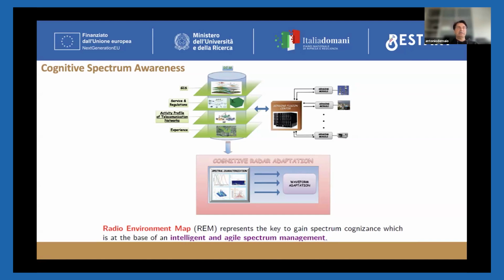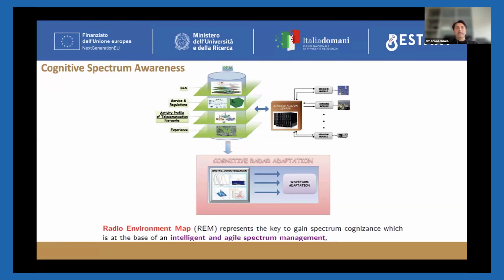They are, for instance, geographical features, available service and related spectral regulations, modulations, techniques used for access to the channel, the activities of telecommunication networks. Some telecommunication systems can be turned on during the morning and they can be turned off during night. Also, previous radio experiences and measurements.